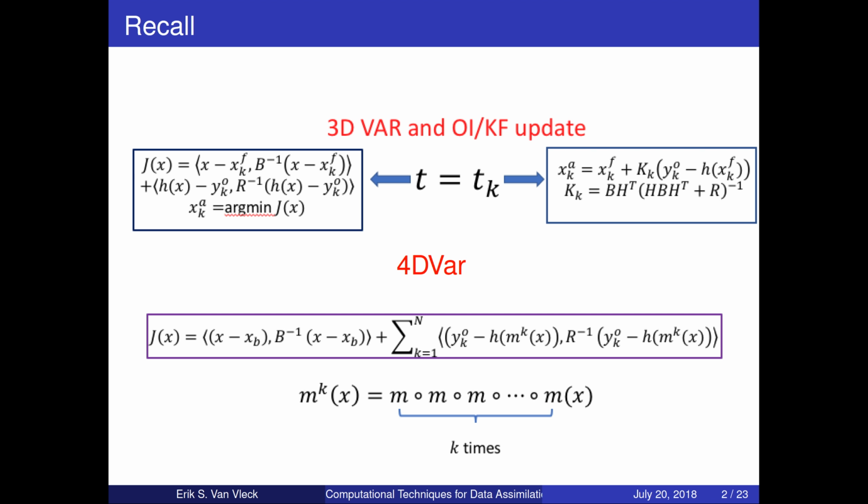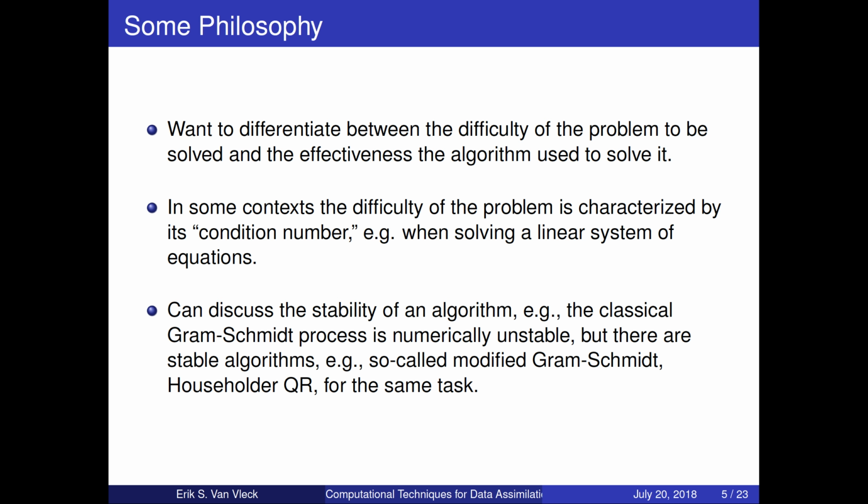So some philosophy, getting an answer to a problem is not enough anymore. We increasingly require knowledge of the confidence or the error that may exist in this numerical solution or answer in quotes. We want to differentiate between the difficulty of the problem to be solved and the effectiveness of the algorithm used to solve it.